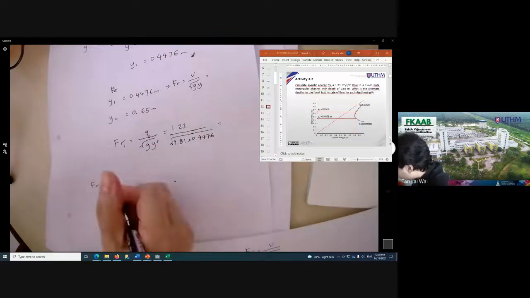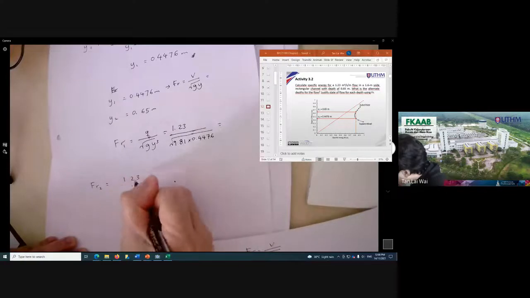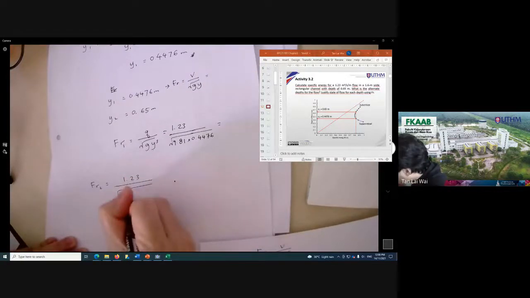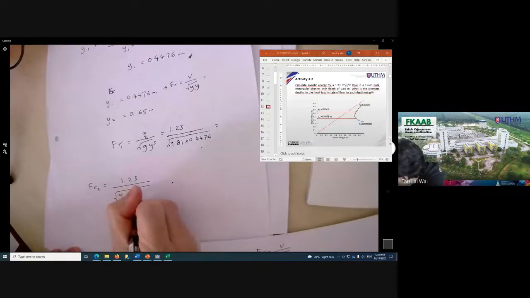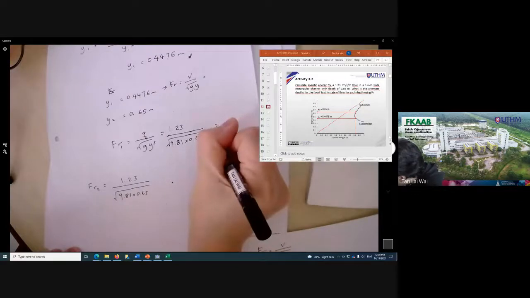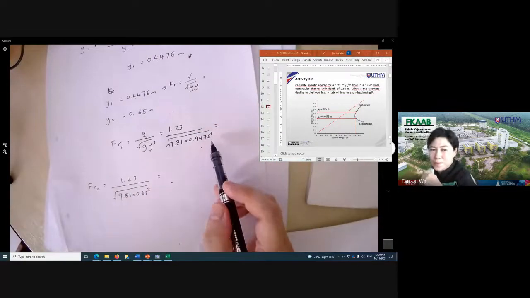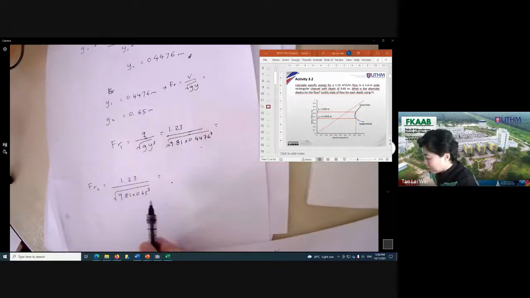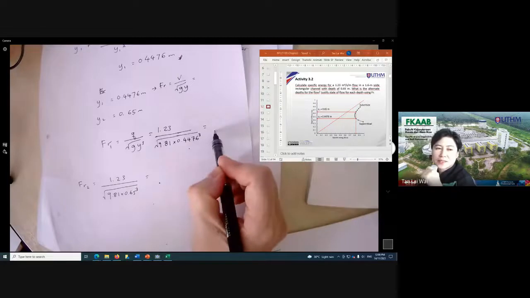Then the depth of 2 would be, help me calculate this first. Okay, this is cubic power. This is cubic power as well. Can anyone give me the answer, please?